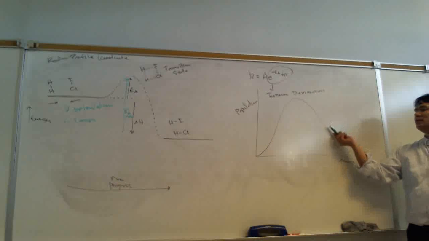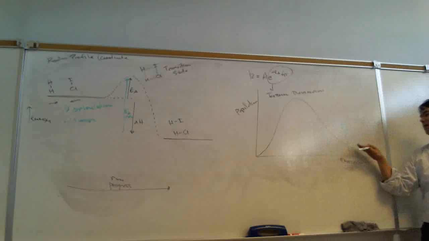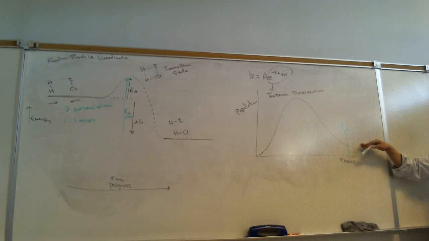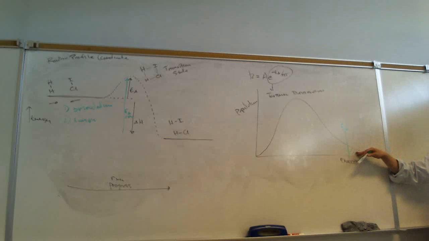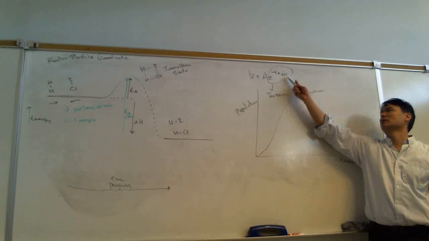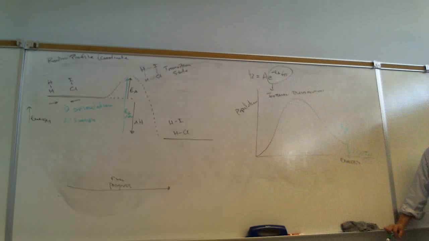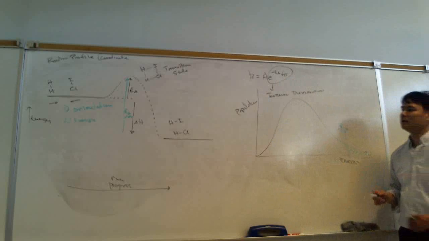Temperature just shifts the distribution, the population, up. If we increase the temperature, the population of higher energy molecules grows. As we decrease the temperature, the population of higher energy molecules decreases. The higher the temperature, the bigger the k. The lower the temperature, the smaller the k. So we have that.